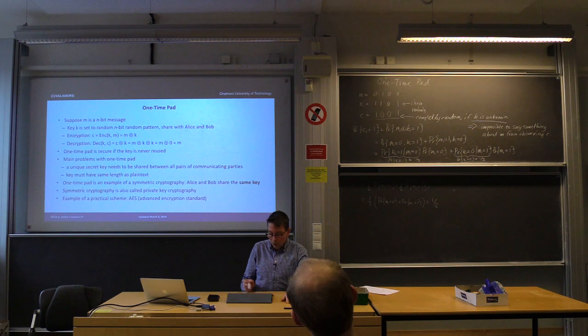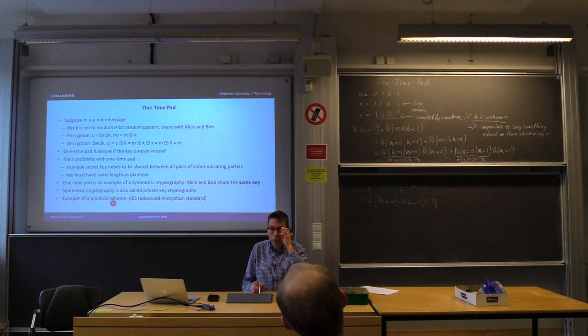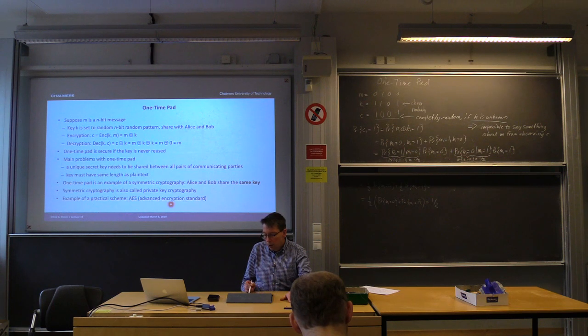Yeah. So symmetric cryptography is sometimes also called private key cryptography. It's the same thing. And an example of a practical scheme which is used today is called AES, which stands for Advanced Encryption Standard. This one is pretty good, so there's no particular reason that I know of not to use it if you use it for a new product.